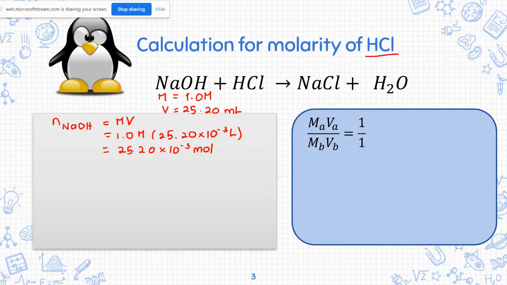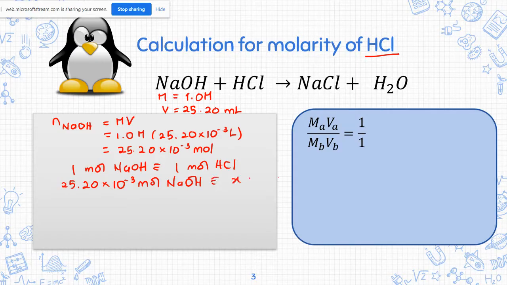But we want to calculate the molarity of HCl. So, 1 mole of NaOH reacts with 1 mole of HCl. And if you calculate, you will get the number of mole of NaOH to be the same as HCl because the ratio is 1 to 1.